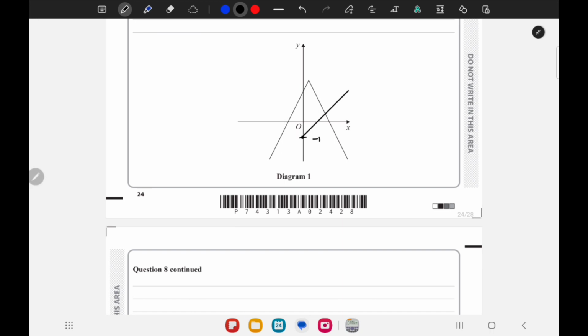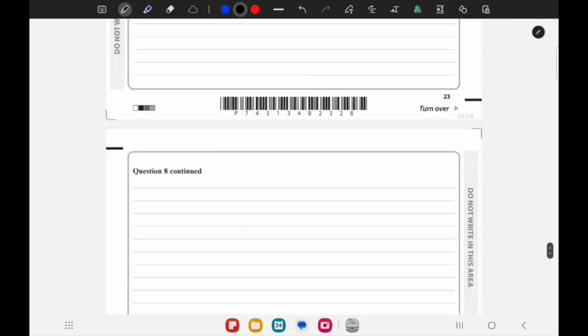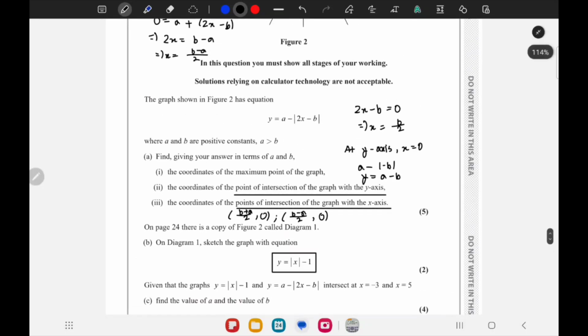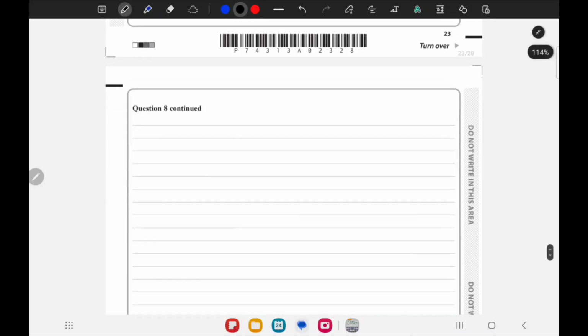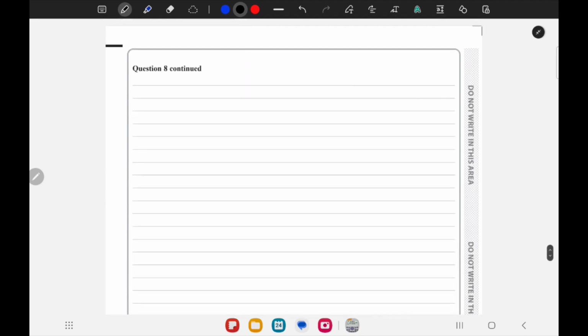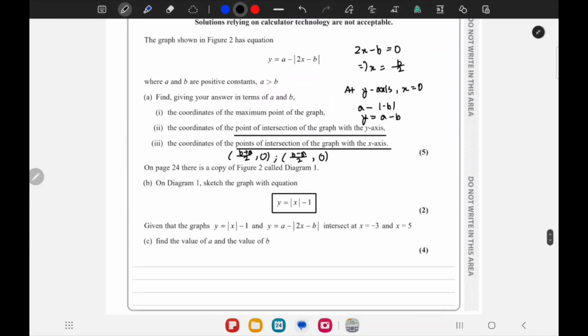Let's just check the roots at first. Okay, we don't know the values of a and b, so we can just draw it in any fashion we want. So this is the graph of y equals modulus x minus 1.